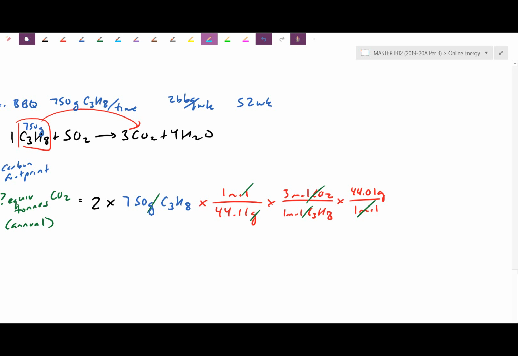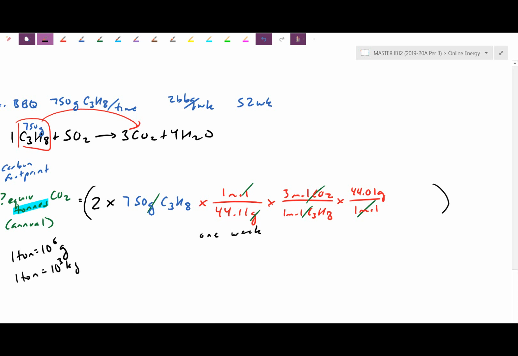And now lastly, I just want to convert to tons. If you're not familiar with that unit here, again, 1 ton is actually 1,000,000 grams, or you can say 1 ton is 1,000 kilograms. So far this is just giving me equivalently, if I do this burning here for 1 week, I barbecue twice.